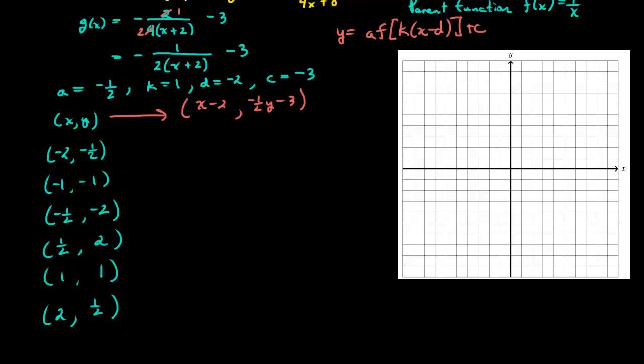So we'll plug each of these x and y values into my coordinate formula. Negative 2 minus 2 is minus 4. Negative 1/2 times negative 1/2 is positive 1/4. Positive 1/4 minus 3 is minus 2.75.